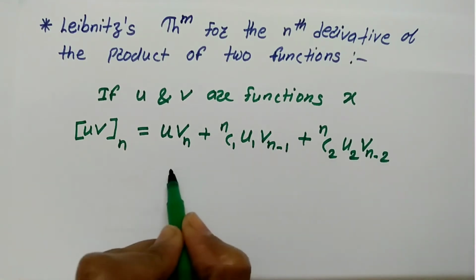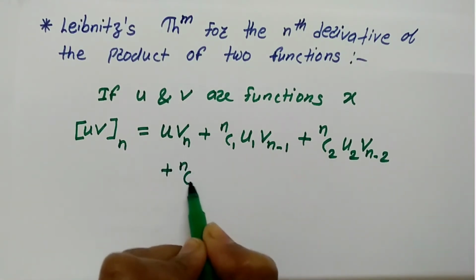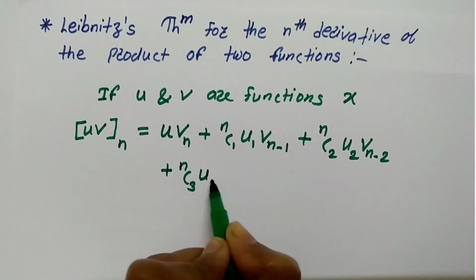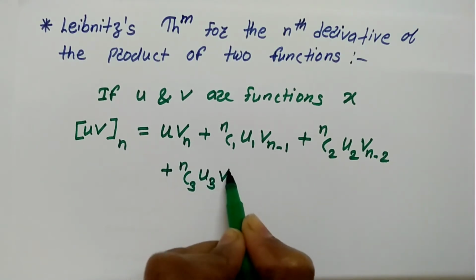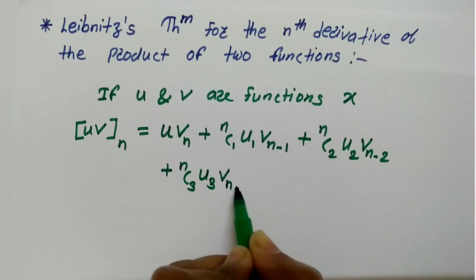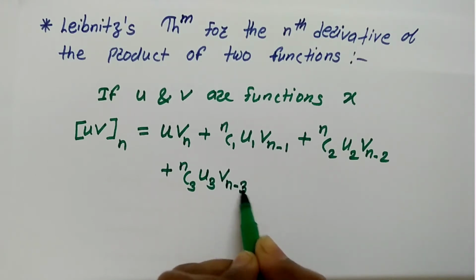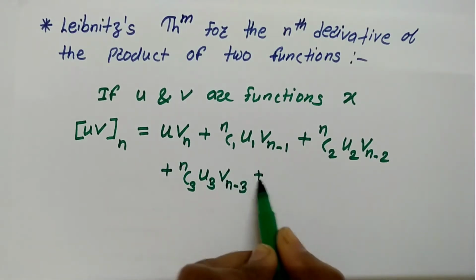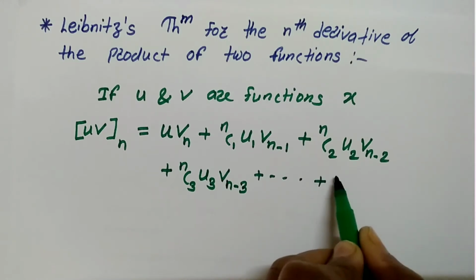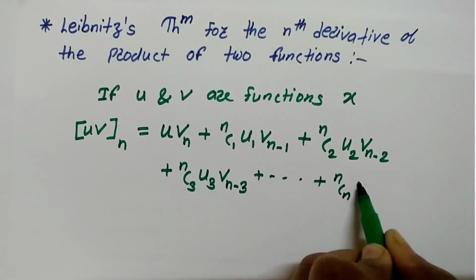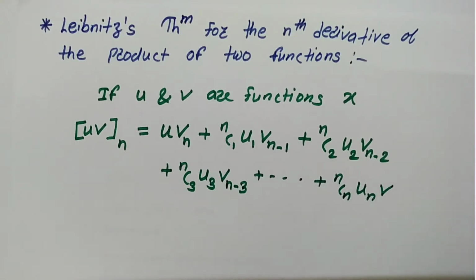Then the next term will be plus nC3 u3 v(n minus 3), and so on, up to the last term, which will be nCn un v as it is.